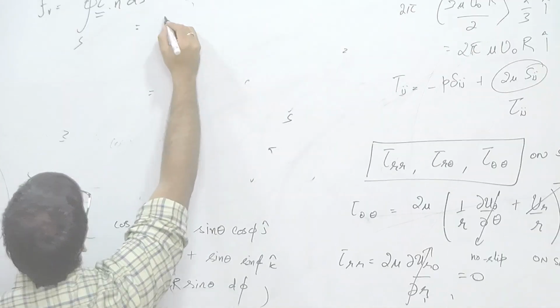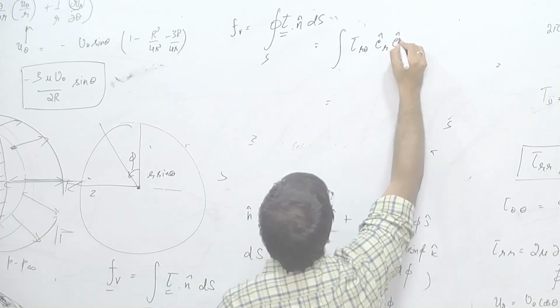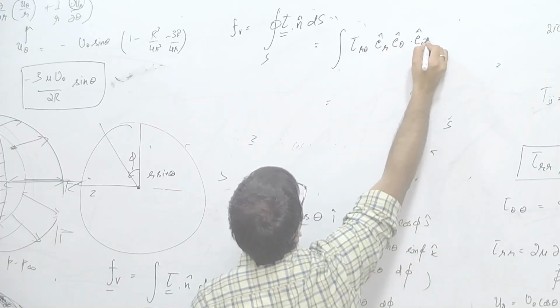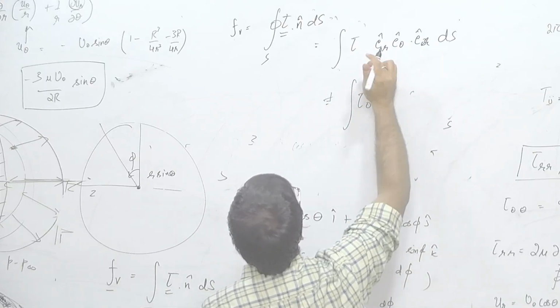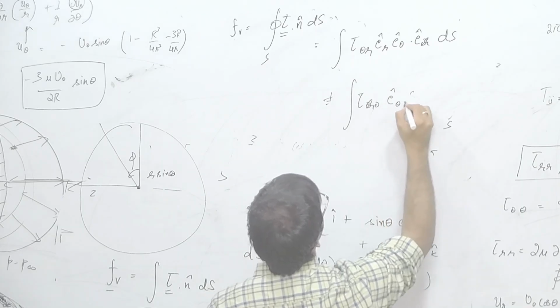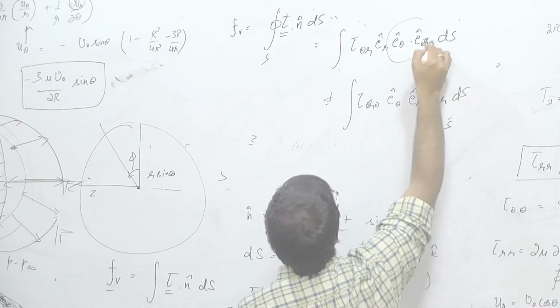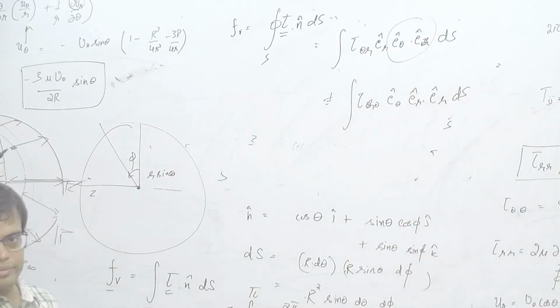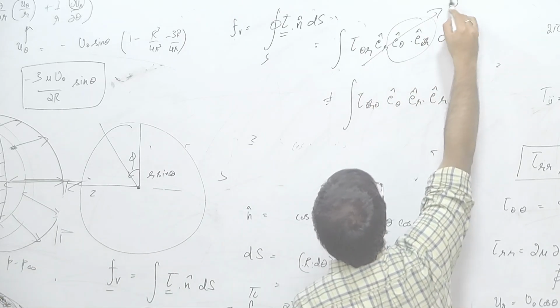This is technically going to be equal to tau r theta e hat r dot e hat r ds plus tau or theta r theta e hat r dot e hat r ds. What is this? What is e hat theta dot e hat r? Okay, this guy is 0, no?